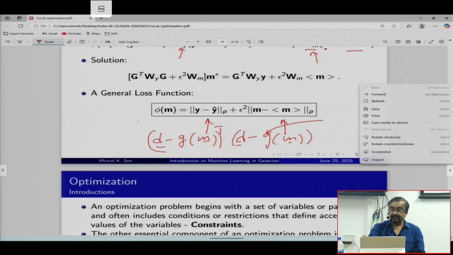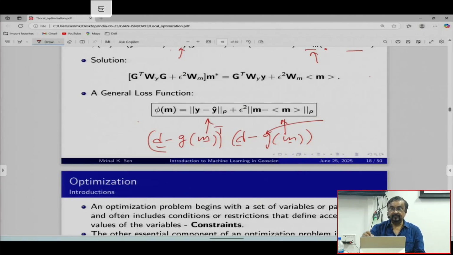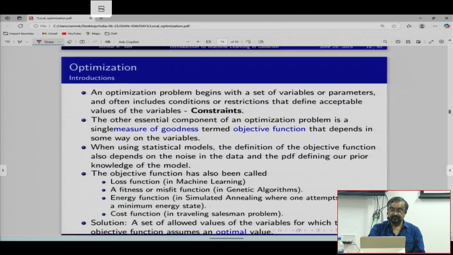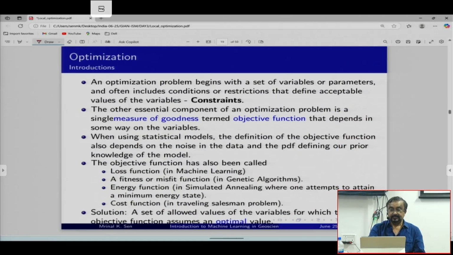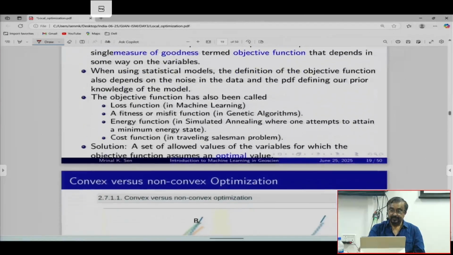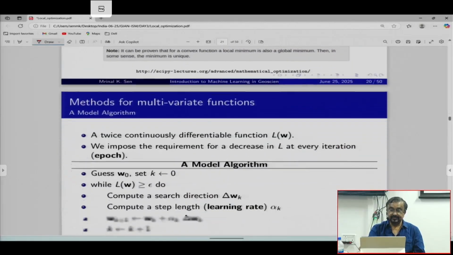So in that case, you can have a complicated loss function and you want to find the minimum. So what is optimization? Optimization is a method which finds the minimum or maximum value of a function. That's all. But it's much more difficult said than done.